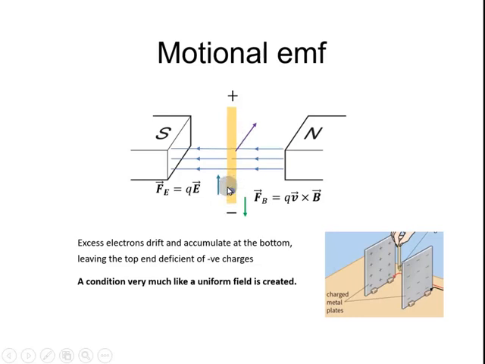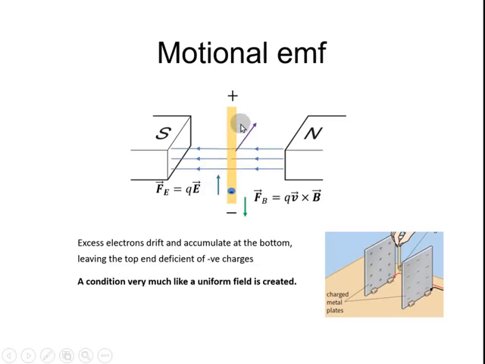Now, if there are excess electrons here and excess positive charges here, then there will be an electrostatic force of attraction between the two charges. The electrons will feel an electrostatic force that is given by Q multiplied by the electric field.